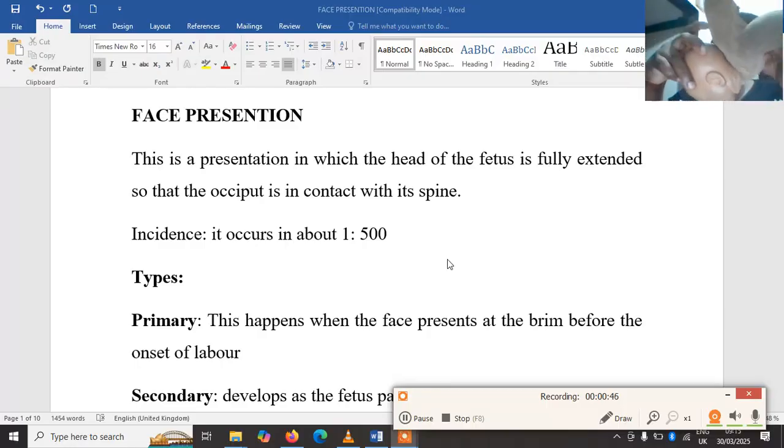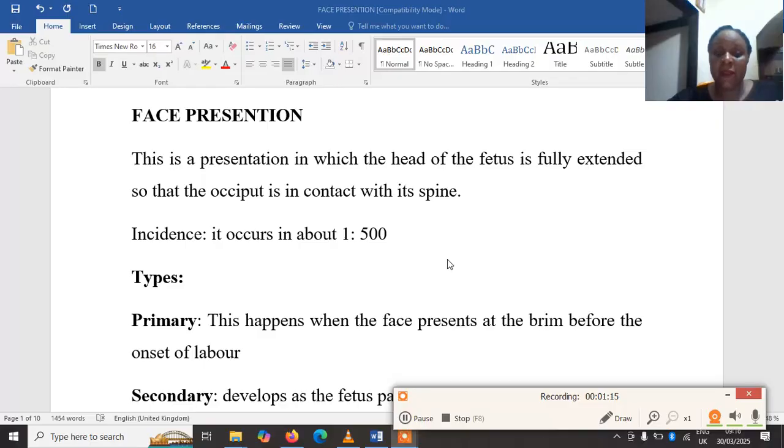And if it comes in touch with the spine, the baby will present with the face onto the pelvic brim. This is what it means by full extension leading to a face presentation. The incidence is around 1 in 500 births, so it is not very common. But of the types of face presentation, we have two. One, primary.